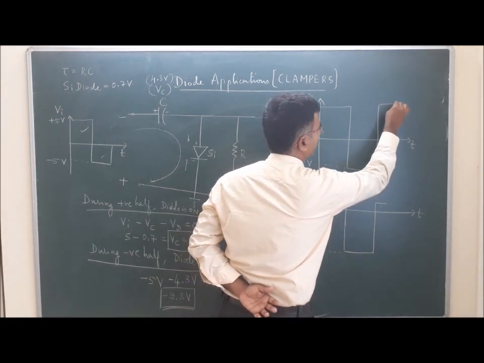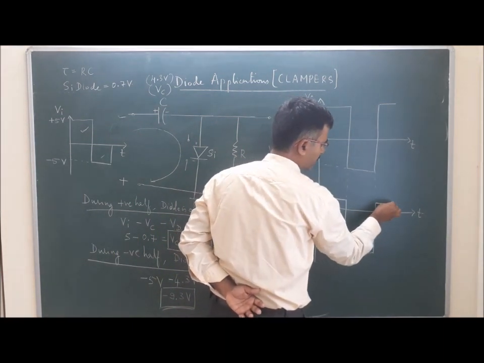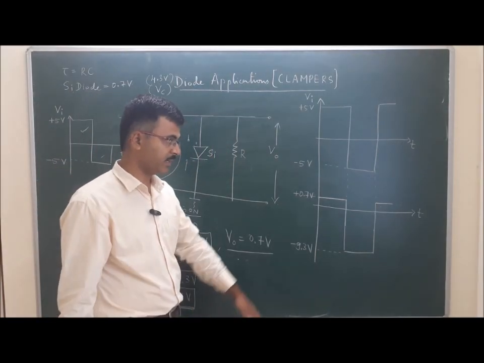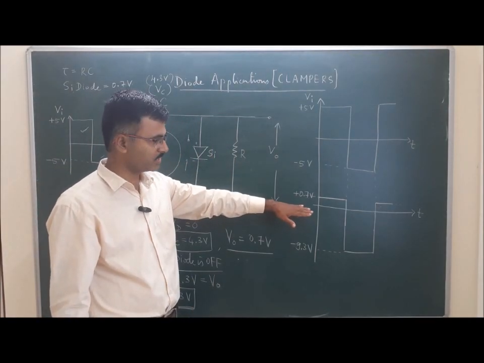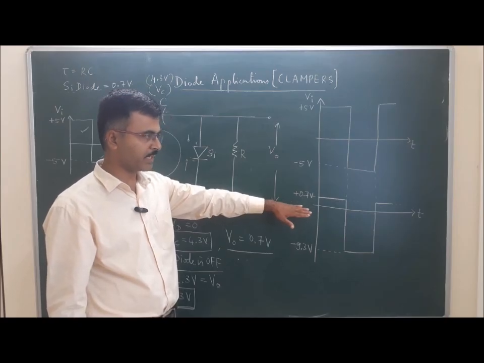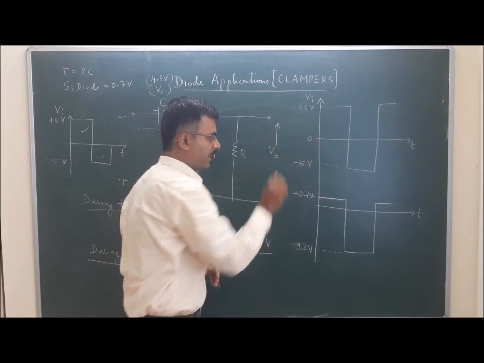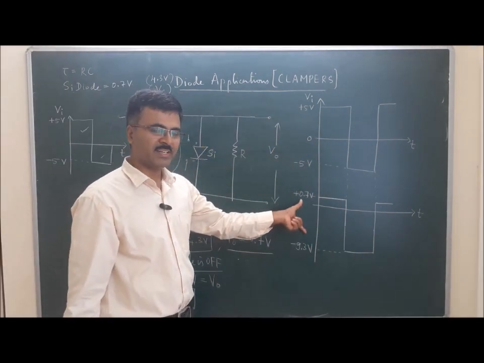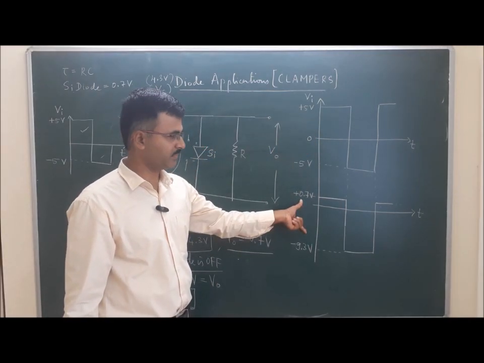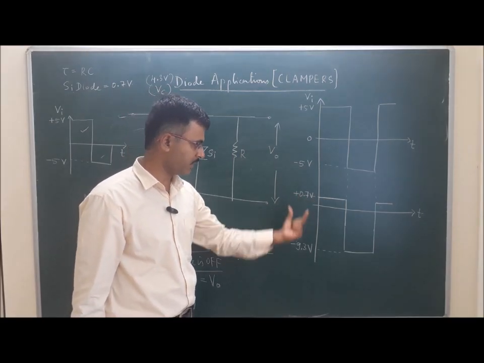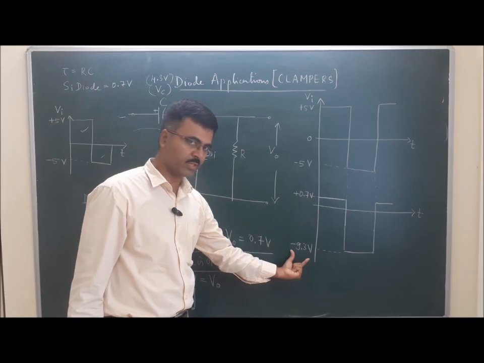As my input continues, so does the output also continue. But the point to be observed here is about the shift. So is it a positive shift or a negative shift when compared to the input signal? Well, it is clearly observed that it is negative clamping. There is negative shift. Okay, so this is 0.7 minus 9.3.